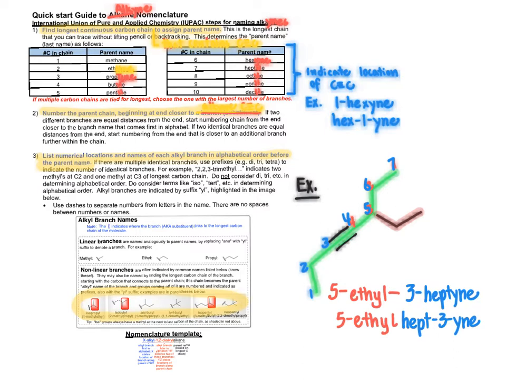The other thing to ask: are there any groups where we could assign the E or Z configuration? Remember that was the configuration that we would assign to alkene groups. So can we do something similar for alkynes? And the answer is no, because when we keep in mind the molecular geometry at the alkyne group, alkynes have sp carbons, and sp hybridized carbons are going to have a 180-degree ideal bond angle.